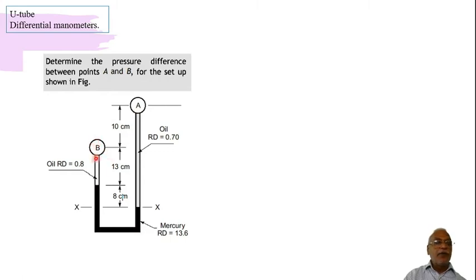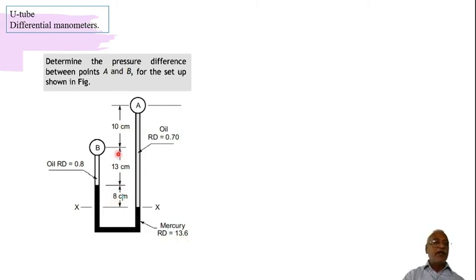Here the liquid in pipe B has got relative density 0.8. You know what is relative density? Specific gravity. The pipe A has a liquid having a specific gravity of 0.7, and here at the bottom we have mercury with a relative density or specific gravity of 13.6.